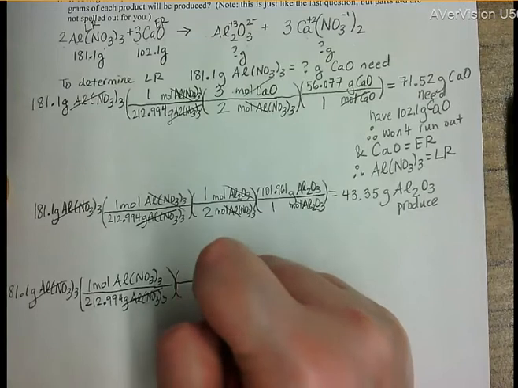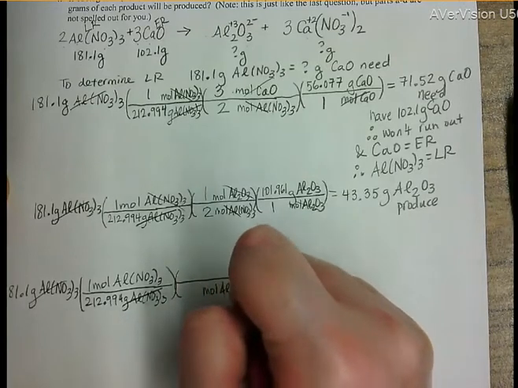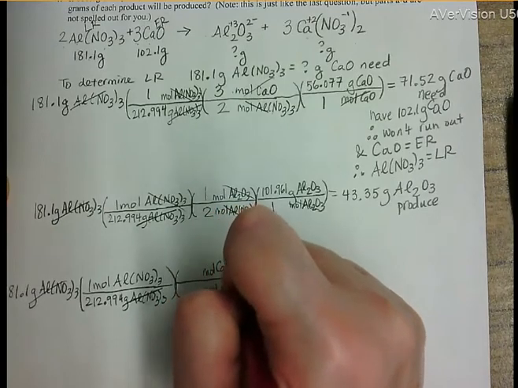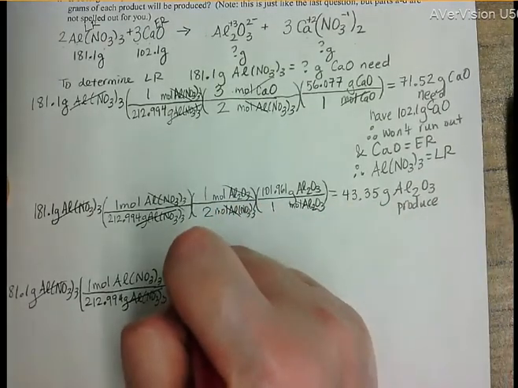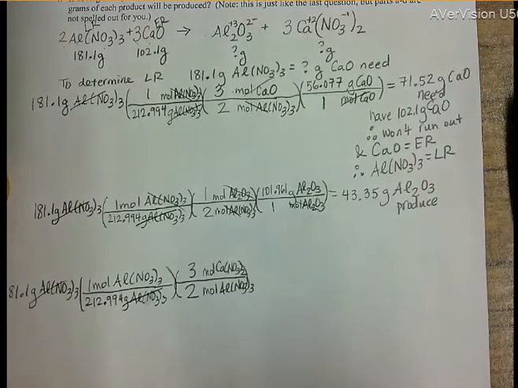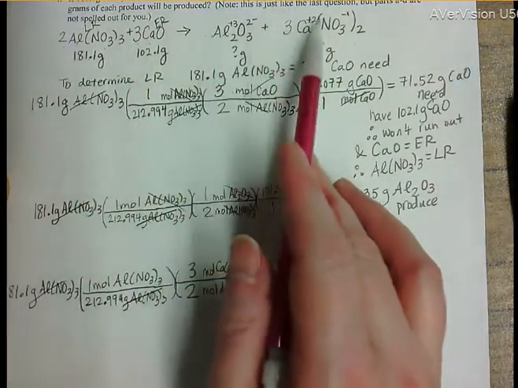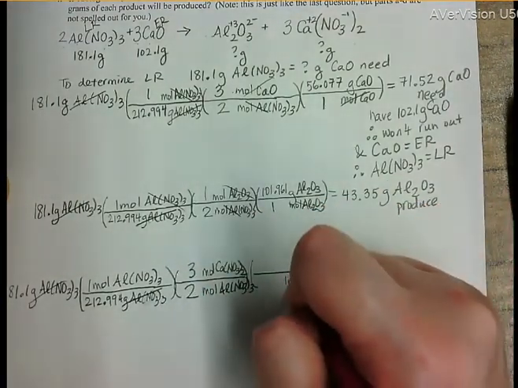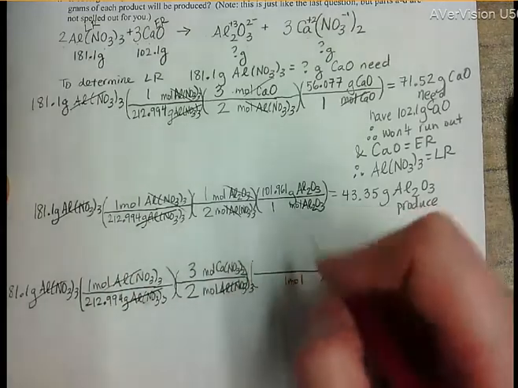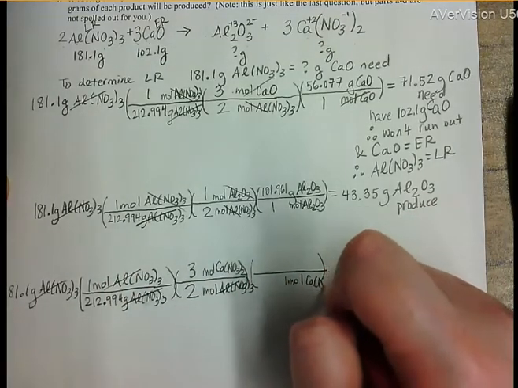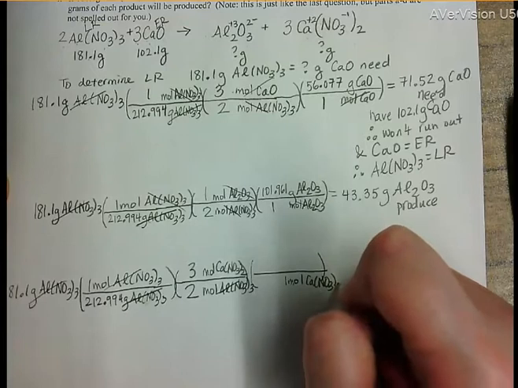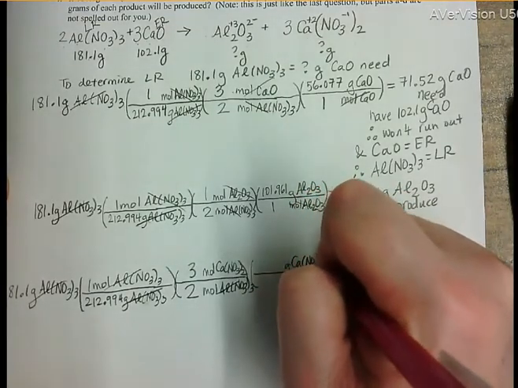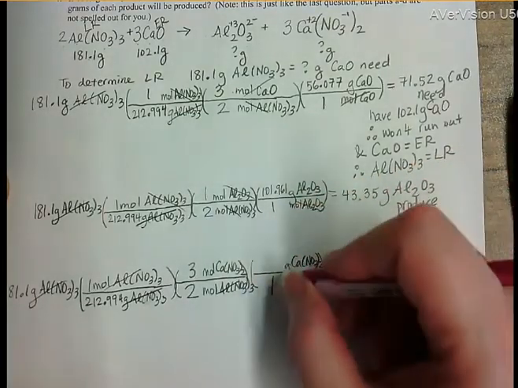Again, moles of aluminum nitrate on the bottom. This time moles of my calcium nitrate on the top. Again, my coefficient's 3 and my coefficient is 2 from my balanced chemical equation up here. 1 mole of calcium nitrate is how many grams of calcium nitrate?